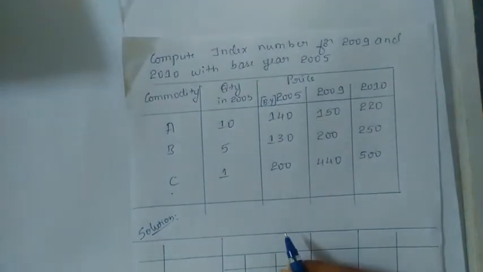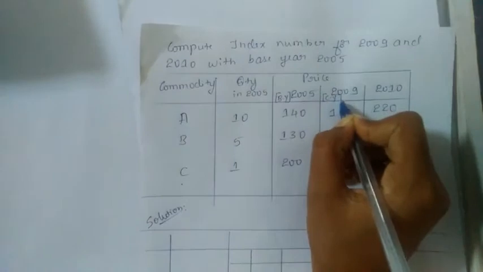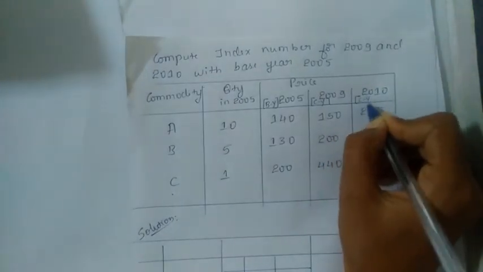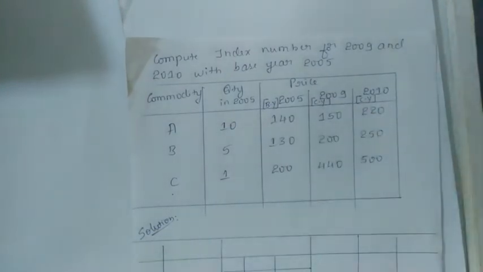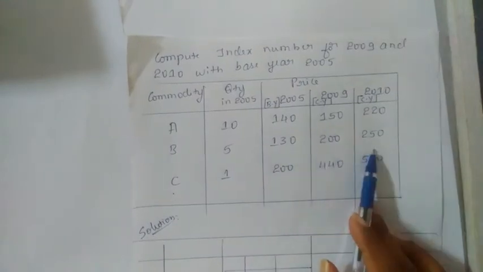Next, 2009 is considered the current year, and the other one is also considered a current year. In the earlier videos, you can check, we did problems related to this.